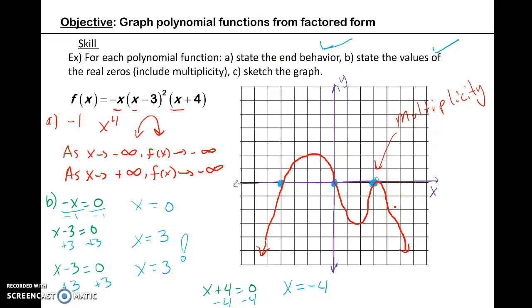If it was an odd amount, we would pass through it, and if it was an odd amount such as 3, 5, 7, anything greater than 1, it would be an inflection point there. Okay, so we have graphed our polynomial functions from factored form, and that is it.